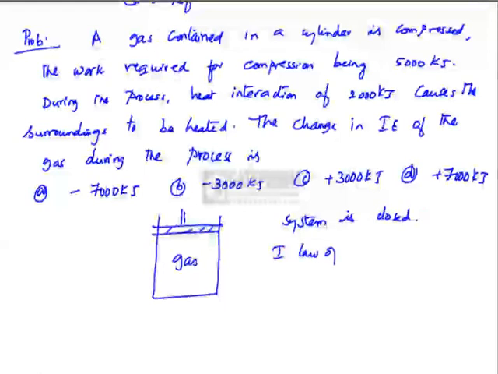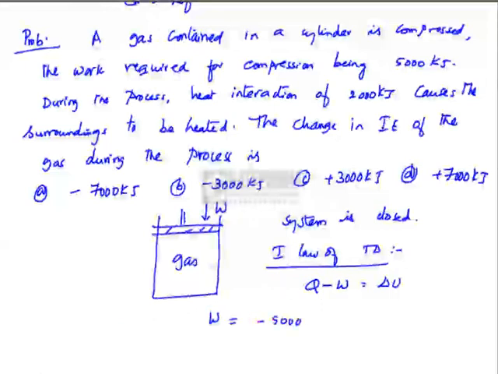Writing first law of thermodynamics for the closed system, Q minus W is delta U. It is a non-cyclic process. The gas is being compressed, therefore W should be minus 5000 kilojoules according to the sign convention of work transfer.